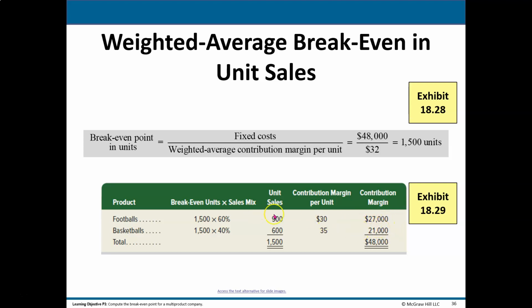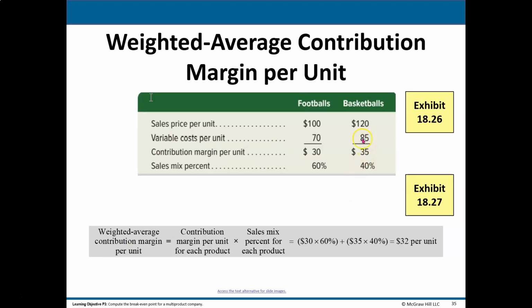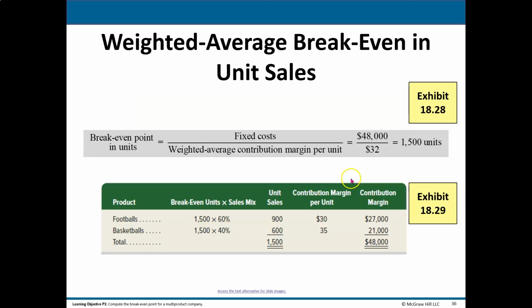I get that by taking my unit sales and multiplying that by my contribution margin per unit, which we already determined up here. So for break even, I need to sell 1,500 units, and my contribution margin will be $48,000 between both my football and basketball sales.